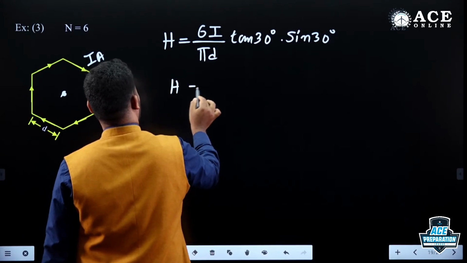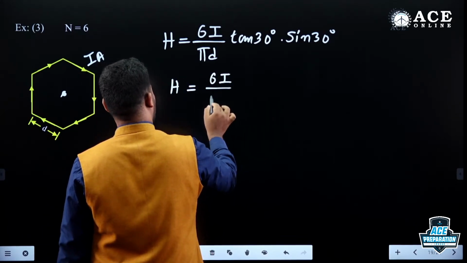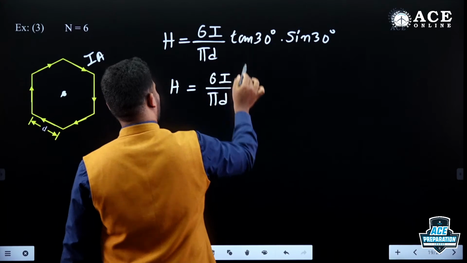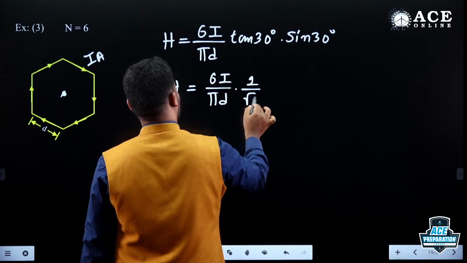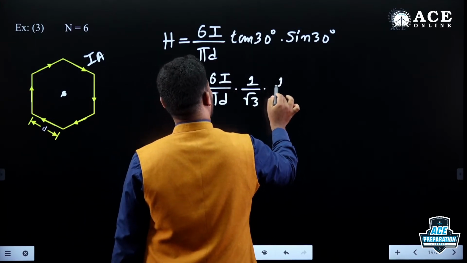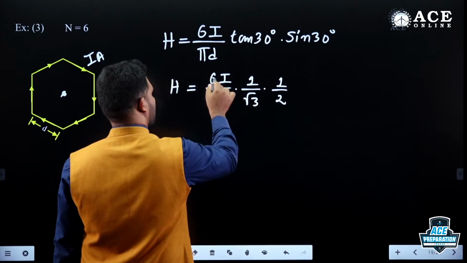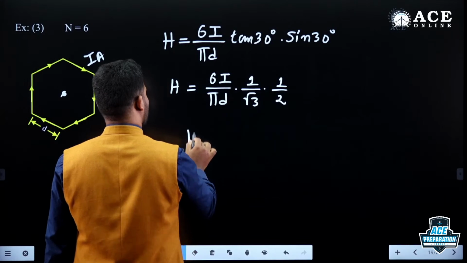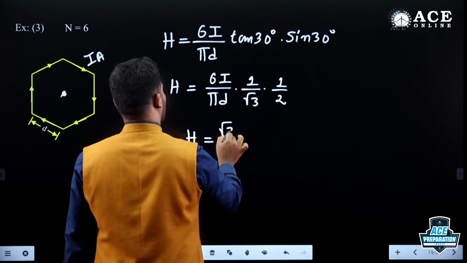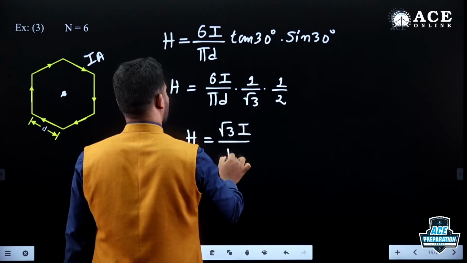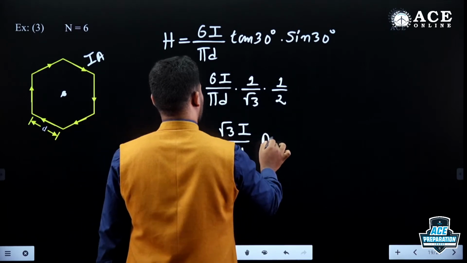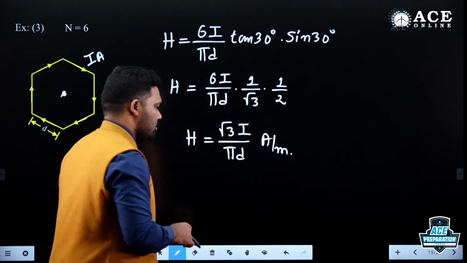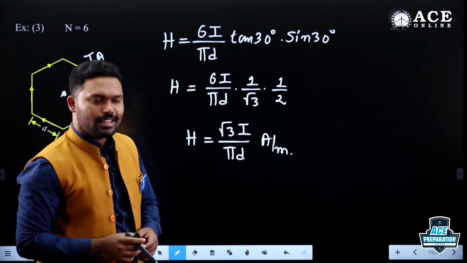So here it is 6I by pi d, tan 30 is 1 by root 3, into sine 30 which is 1 by 2. So here 6 by 2 is 3. 3 divided by root 3 is root 3 I by pi d is the answer. Units are ampere per meter. Clear? Yes? Fine.